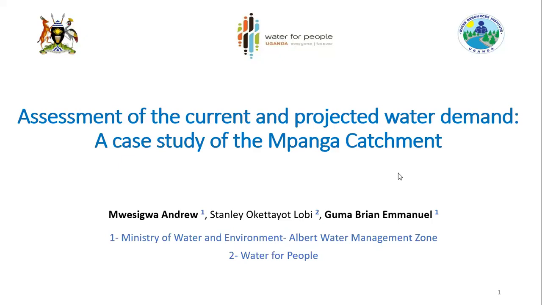This was developed in 2014, and we have gone ahead and implemented some of the remedial management measures. By the time we started implementing them, the river system was in a much more dire state. The water levels had reduced within the Mpanga catchment.